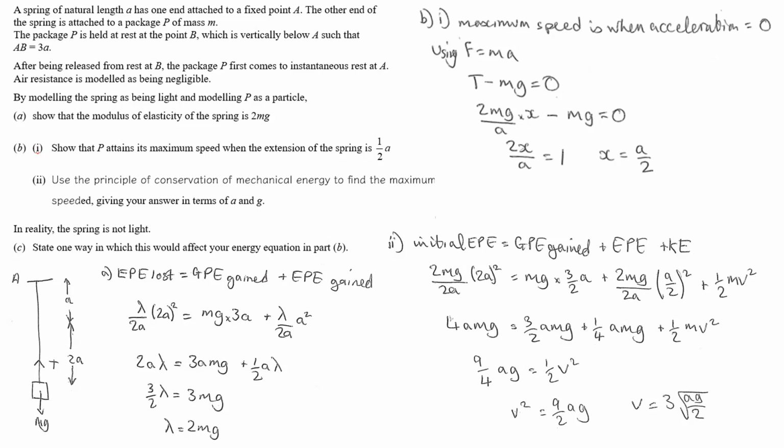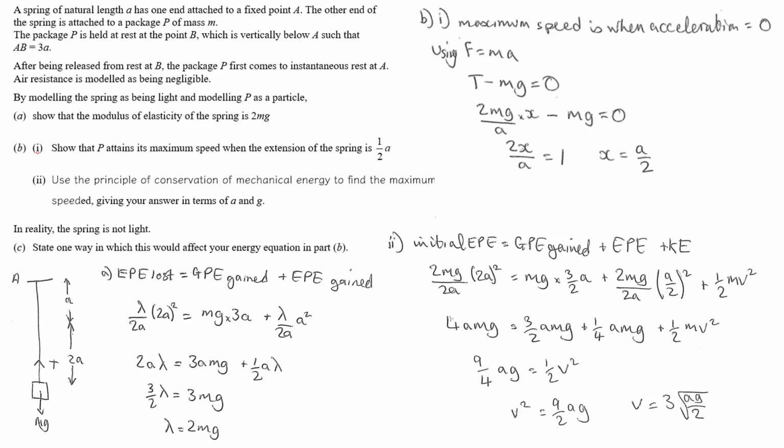If the extension from the reference 0 point is a half A, it's actually moved up 1.5 A. From the natural length, the extension for the maximum velocity is a half A. The whole extension was 2A, so 2 take away a half is 3/2, 1.5.